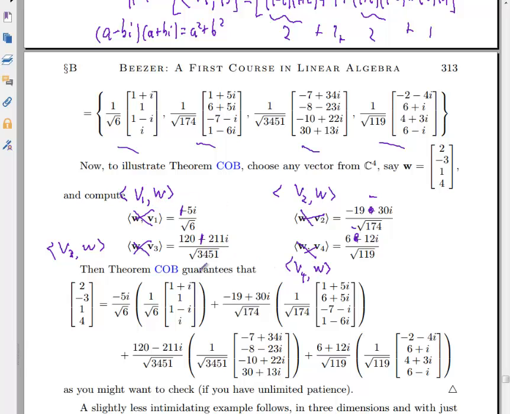So when you compute these inner products, these turn out to be exactly the coefficients that are required in the linear combination.